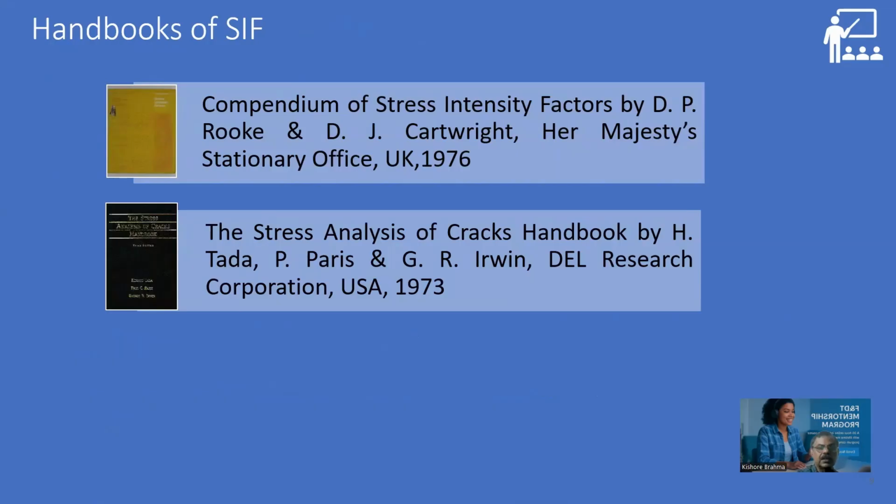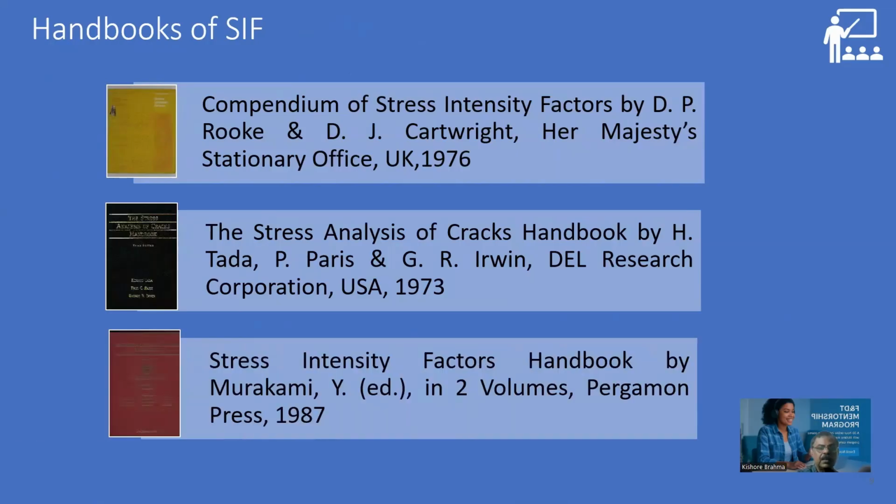The stress intensity factors are generally available in handbooks. This one is published in the UK, another one is from the USA, and another is from Japan. These are not available in the public domain. One has to buy them to refer to the stress intensity factors of different geometric configurations.